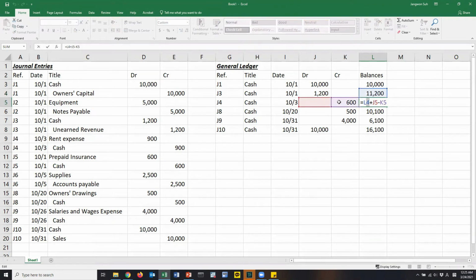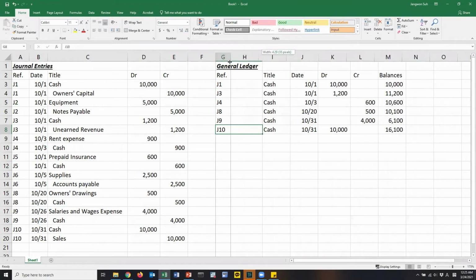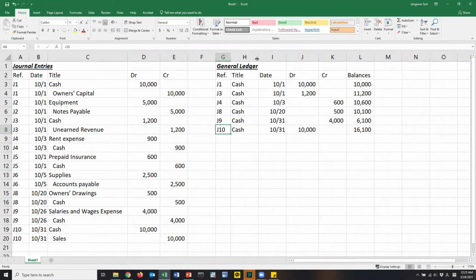L4 plus J5 minus K5, L5 plus J6 minus K6, and the like. So we can say that by the end of the month, the cash balance is 16,100. That is the cash general ledger.